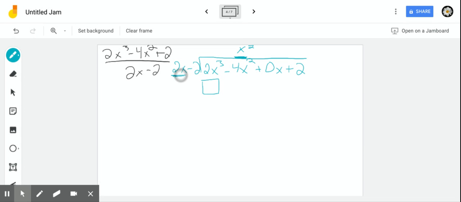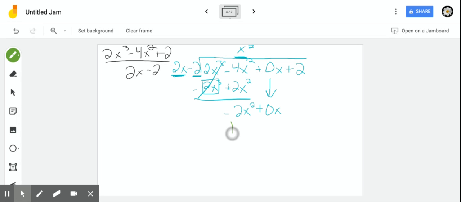So x squared times 2x is 2x cubed. X squared times negative 2 is negative 2x squared. It's time to subtract, so draw the line and change the signs. 2x cubed and negative 2x cubed cancel out. And then we get negative 2x squared. Drop that 0x.